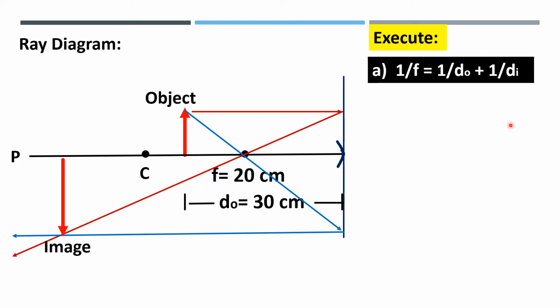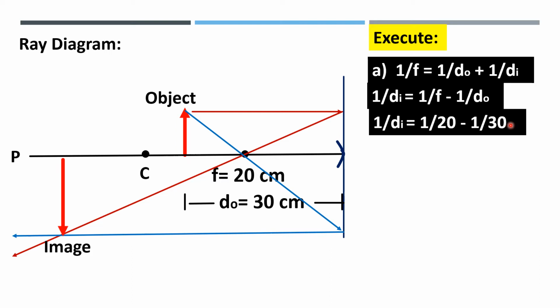So we will substitute the given quantities. But before that, let us first isolate di, since that is what we are going to calculate for. So we just transpose 1 over di to the left side of the equation, before we substitute.